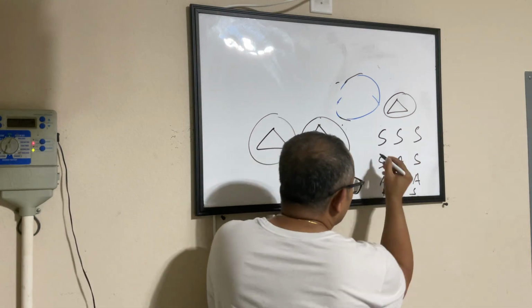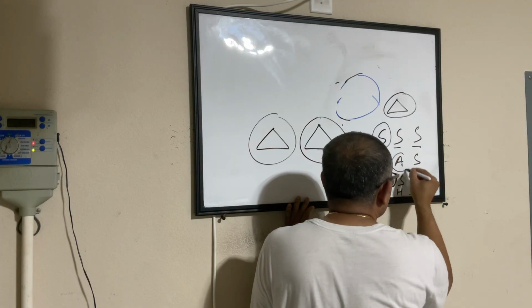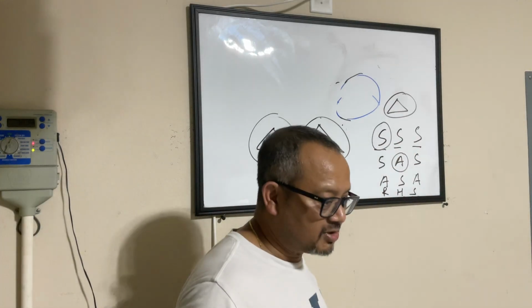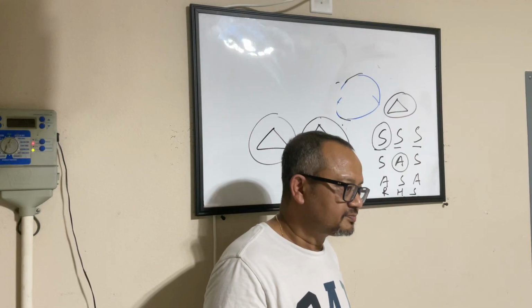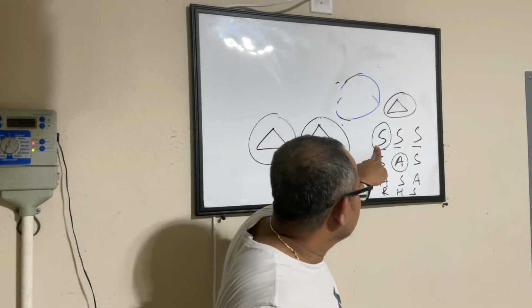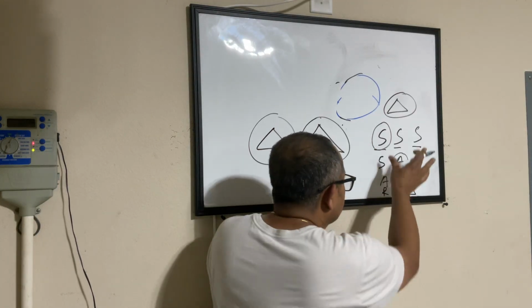Now when you break it down, S stands for side, A stands for angle. That's what you have to remember. Are you guys with me so far? When you say an S, that stands for side, A stands for angle. Now if you read this, it will make more sense.